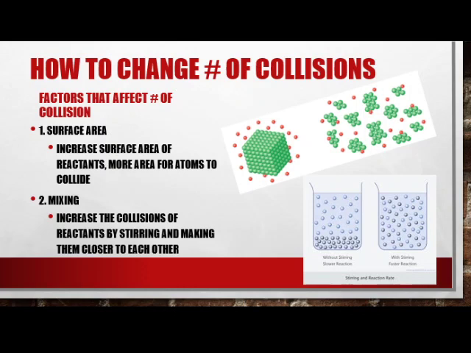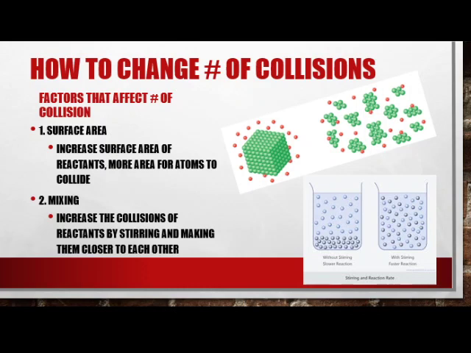The second thing is to mix them. If we mix them, we're going to increase the collisions of reactants by stirring and making them closer to each other. You can see here we have one reactant up here, and one hanging out down here, right? Something you can really understand is salt water.